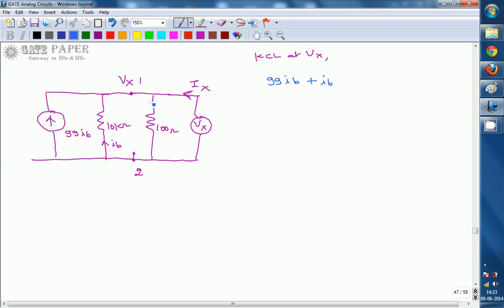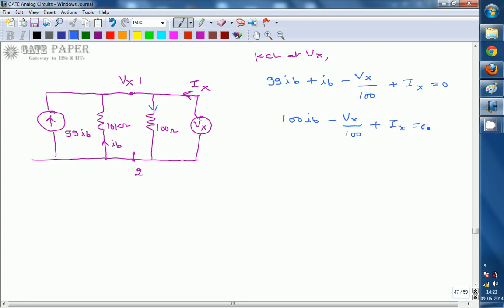Next, the current flowing through the 100 ohm resistor is Vx by 100, so minus Vx by 100, because current flows from more positive to less positive: Vx minus 0 divided by 100. Next, plus Ix, the incoming current, equals 0. So 100 Ib minus Vx by 100 plus Ix is equal to 0.